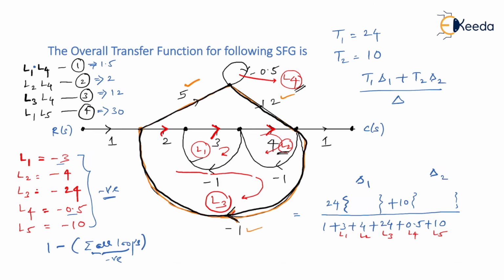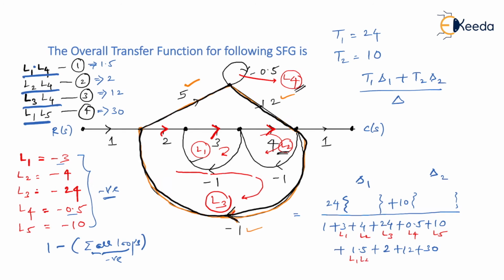Now we have to sum all two non-touching loop gains. So the first term is L1, L4, which is 1.5, L2, L4, which is 2, L3, L4, which is 12, and finally L1, L5, which is 30. Just for reference, I'll write down over here what they are.